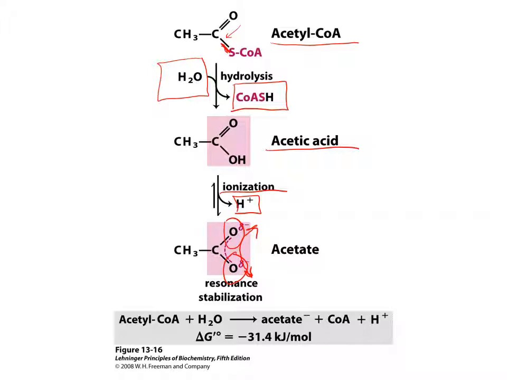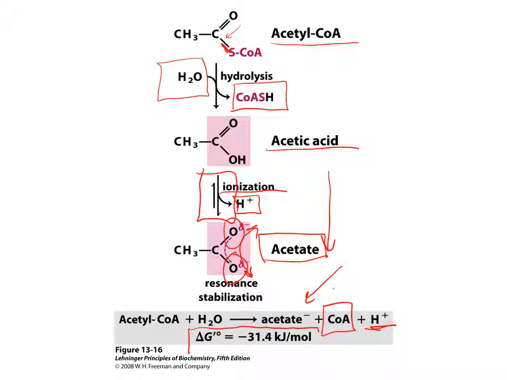Okay, and this reaction is spontaneous and it's reversible. Of course, it drives towards the acetate formation, but it's reversible. Moreover, the hydrolysis of acetyl-CoA, as you can see, creates acetate in the end, and CoA plus hydrogen ion, it has an overall delta G of minus 31.4 kilojoules per mole.